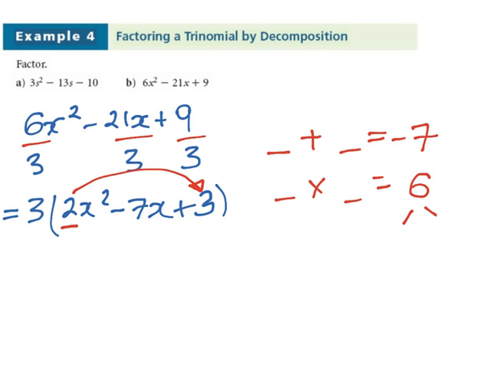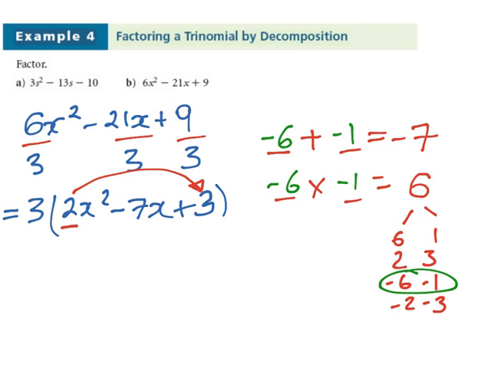There are 6 and 1, 2 and 3, but also negative 6 and negative 1, and negative 2 and negative 3. Which of these add up to negative 7? Negative 6 and negative 1 add up to negative 7. So these are our values we're looking for. Negative 6 and negative 1. They have to be the same sign.